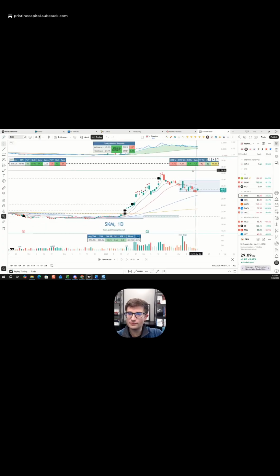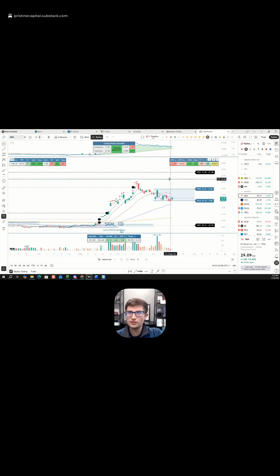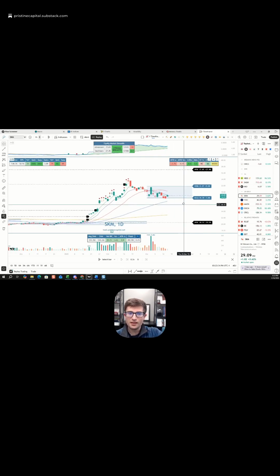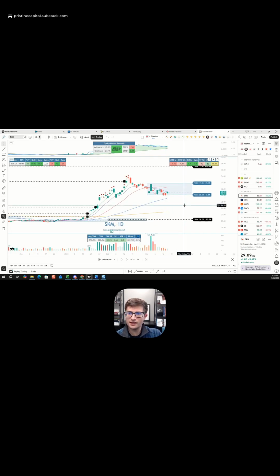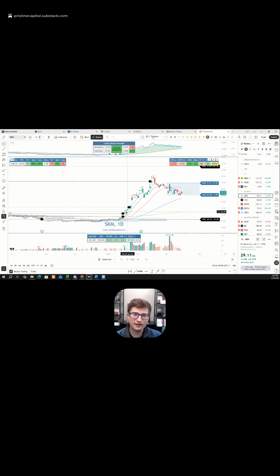So let's see. Now, in terms of stocks that I think are closer to being a setup right now, we have this stock SKM. What's interesting here is this stock actually has a large stake in Anthropic. And I do believe some of the shine has been taken off of Anthropic due to their scuffle with the administration. But if you look, this stock had a crazy advance. Let's actually measure this advance. I'm going to use my measuring tool.